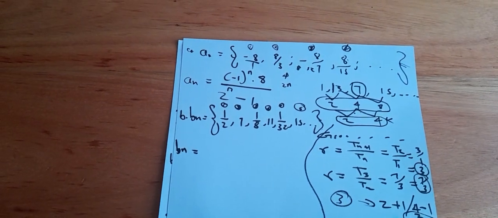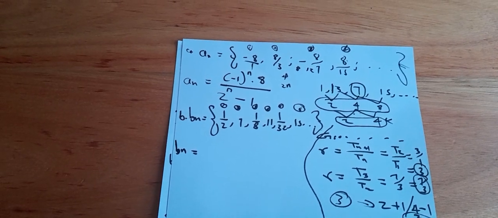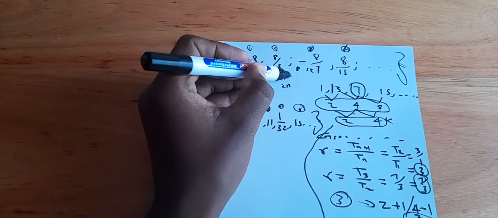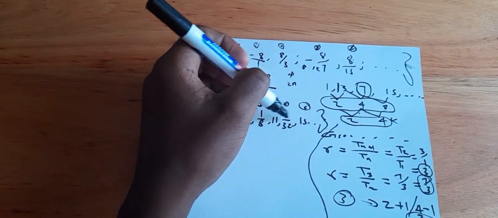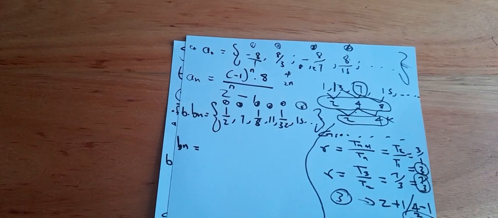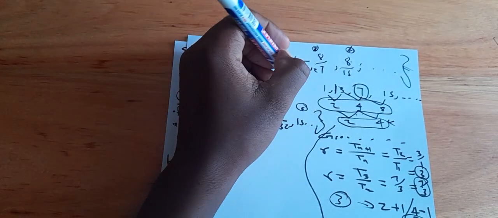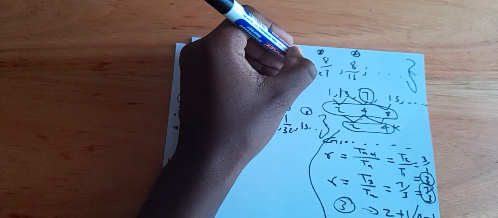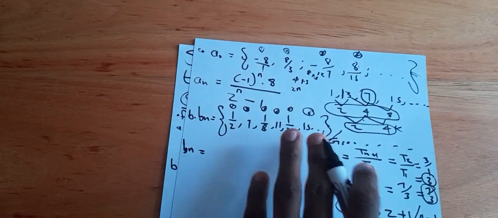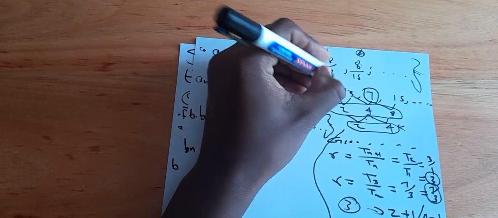Now we check, can we find any constant that if we add to 4, 8, 12, we'll get the corresponding 7, 11, 15? 7 is given by 4 plus 3. 11 is given by 8 plus 3. 15 is given by 12 plus 3.